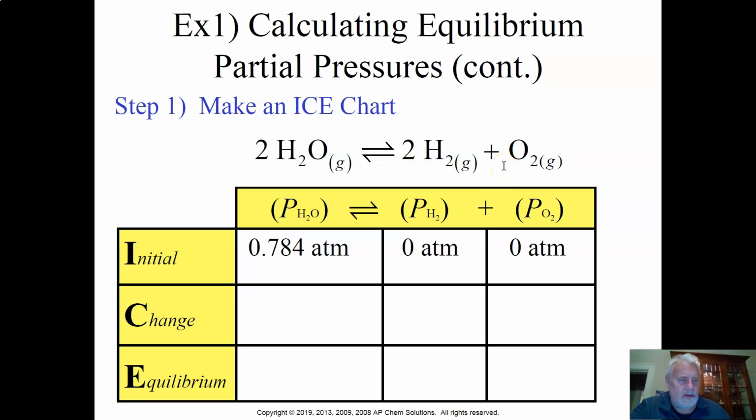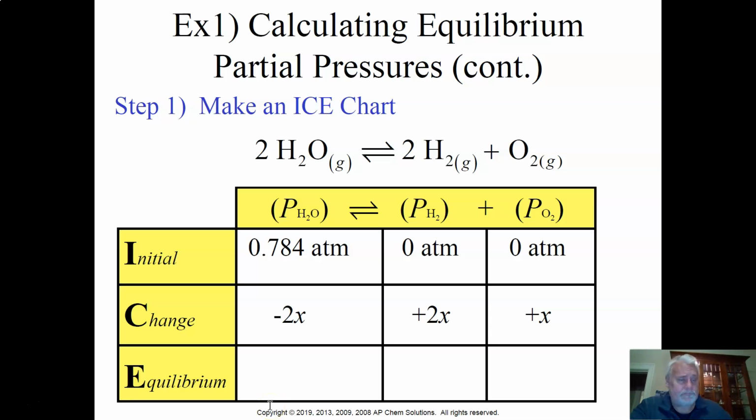So what we're going to do is we're going to use X as a variable, and we'll say this water will disappear by 2x. And that's because of the coefficient in the balanced equation. This will increase at a rate of 2x because it's a 2-to-1 ratio over here. And this one will increase at a rate of x. All right?